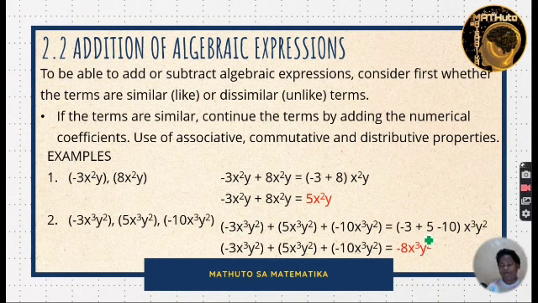Negative 3 plus 5 is positive 2 since 5 is greater than 3. Then 2 minus 10: unlike signs, since 2 is positive and 10 is negative. If we write it in addition form, subtract since they are unlike signs, 8, and the sign of 10 is negative, so negative 8x cubed y squared.